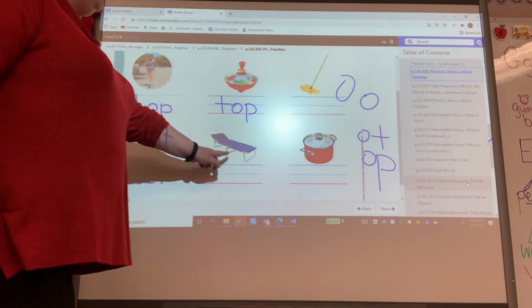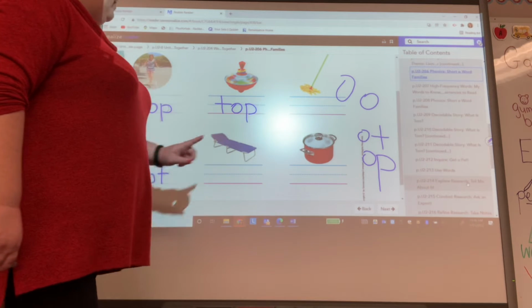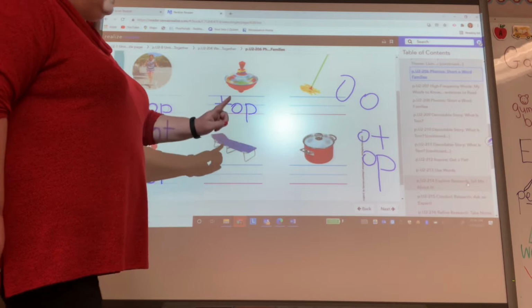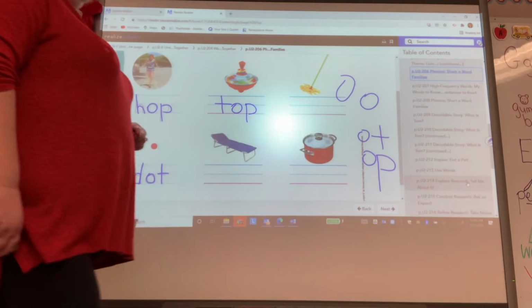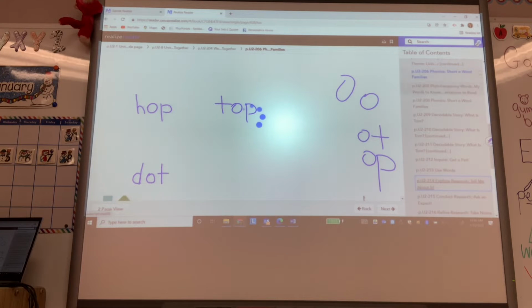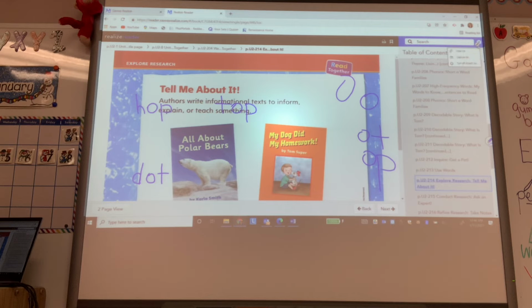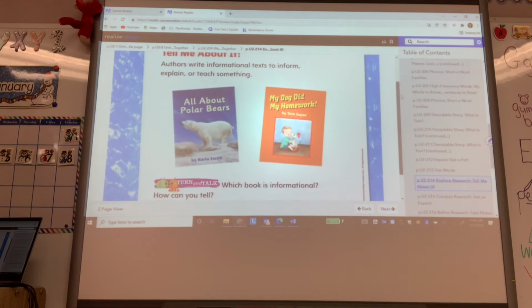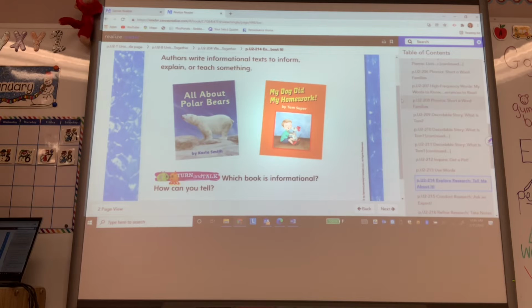I want you to do these two by yourself. This is a cot, and this is a pot. Cot and pot. Now let's go ahead and turn our books to page 214. It's a 2, a 1, and a 4.